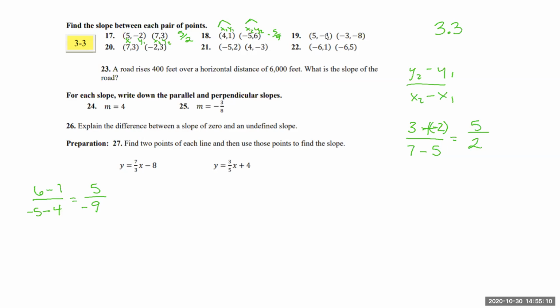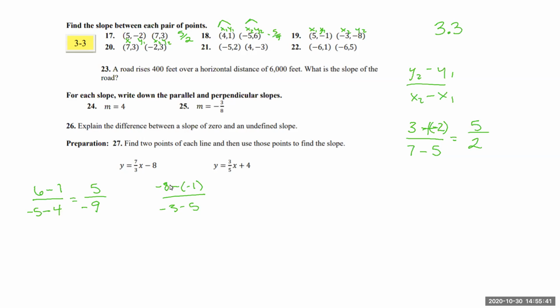Okay, so then coming over to 19. Again, I'm going to label the points. So x1 and y1, and then x2 and y2. Okay, so then going through the formula there, we're going to have y2, which is negative 8. And then we're going to minus a negative 1. And then on the bottom, we got a negative 3 and minus 5.